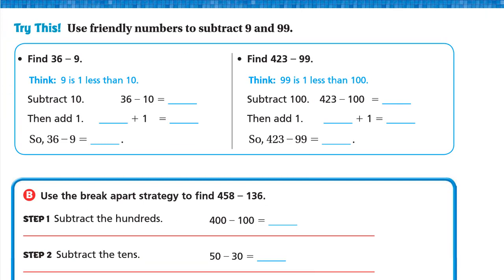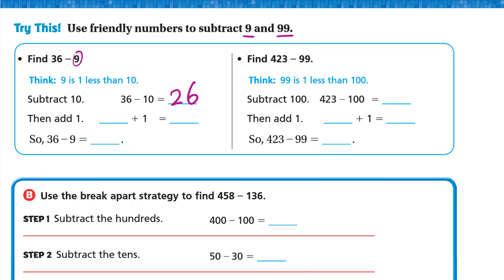Here we have friendly numbers to subtract 9 and 99. And you really will like this. Okay, so 36 minus 9. Instead of subtracting 9, we can subtract 10. So 36 minus 10 is 26. Okay, but teacher, the question said subtract 9.